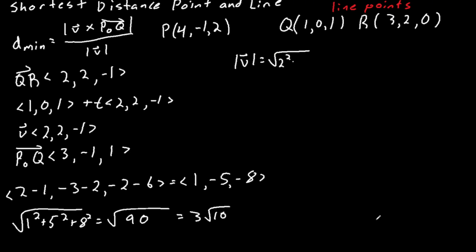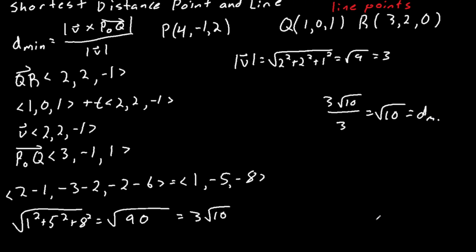So 2 squared plus 2 squared plus 1 squared is equal to the square root of 9, which is equal to 3. So we substitute into the formula, and we get 3 square root of 10 over 3, which is equal to the square root of 10, which is the minimum distance between point P and the line Q and R.